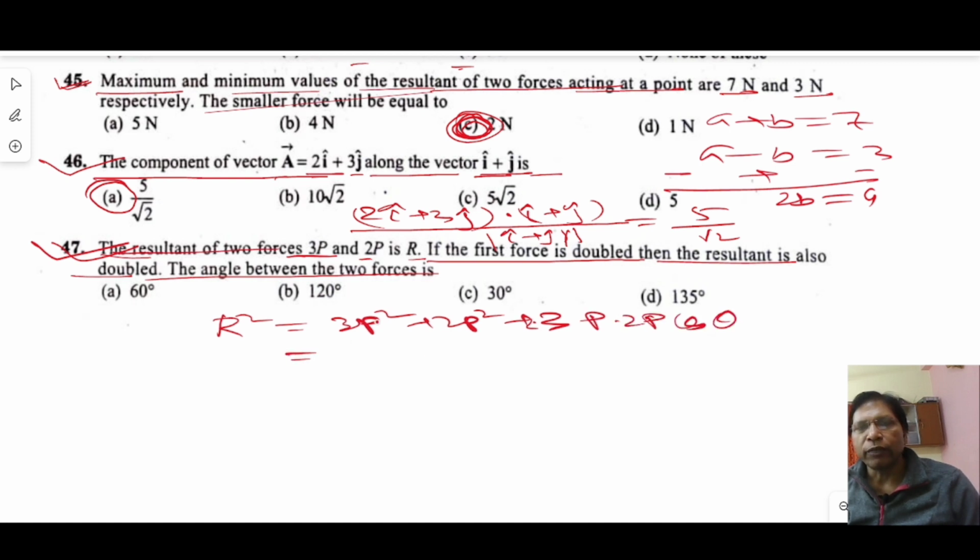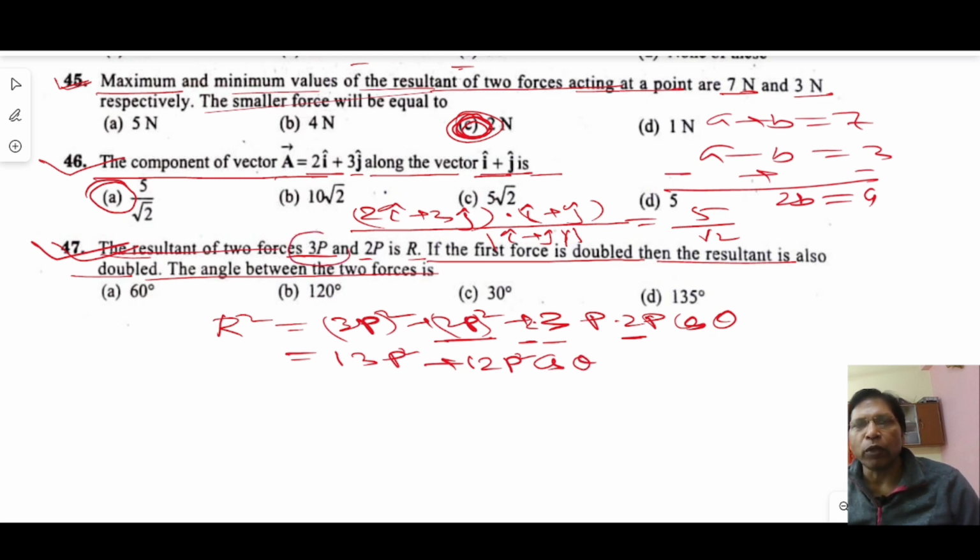So look at this, this is the 9p square plus 4p square. So this is the 13p square. Okay, plus look at this, 2 into 3, 6, 6 into 2, so this is the 12. So this is the 12p square cos theta.